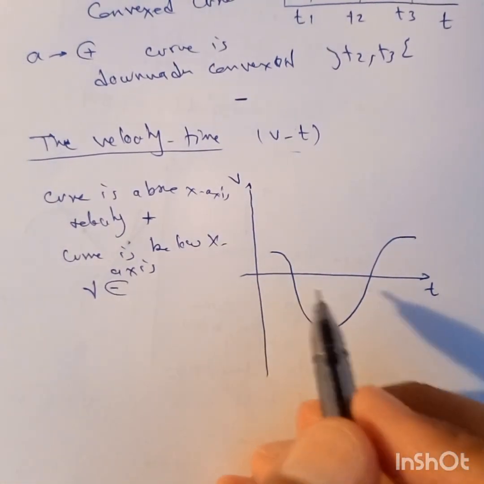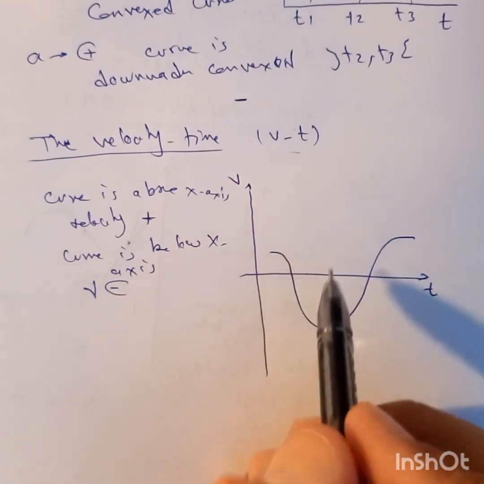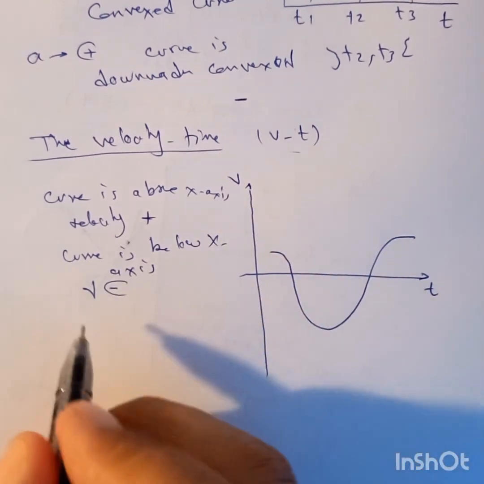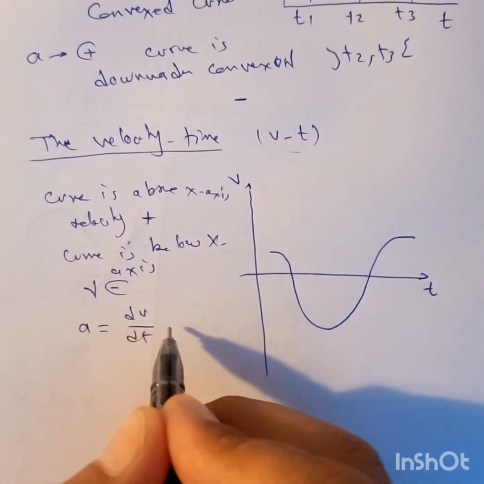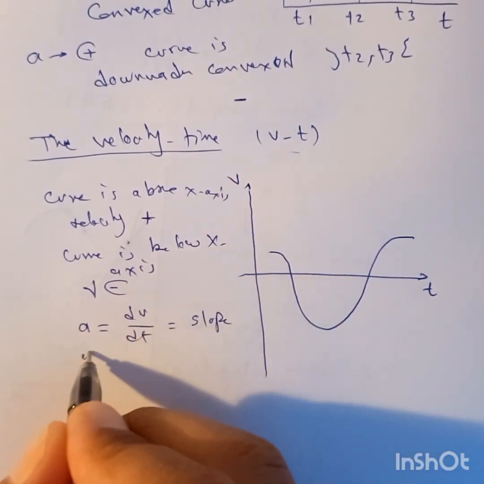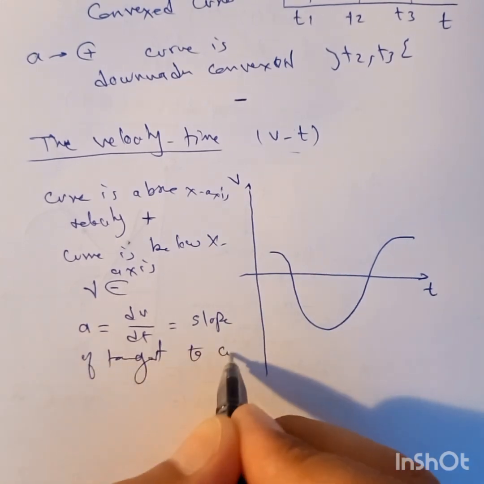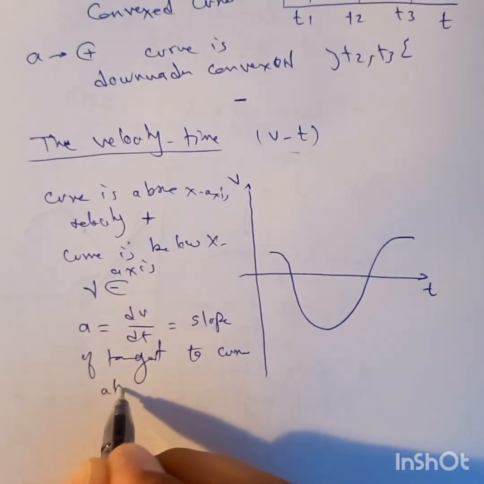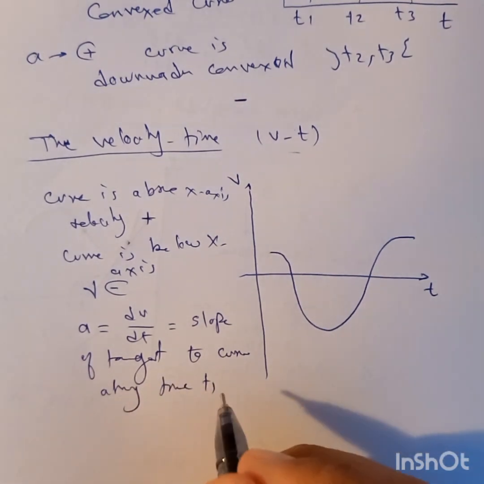Second point, we can find the sign of acceleration of the motion of this body from this curve. As we have acceleration equals dv/dt, this represents the slope of the tangent to the curve at any time t1, for example.